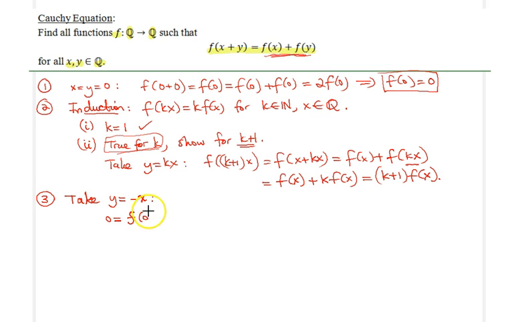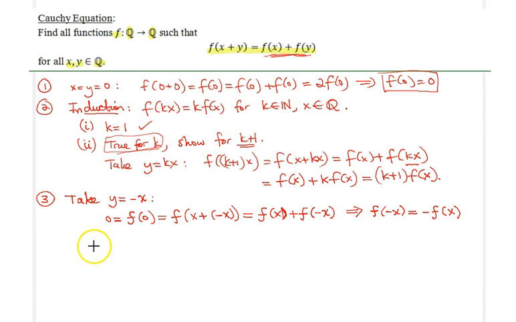We found it in our first step, and I can rewrite 0 as x plus minus x, and then I will apply the definition of the function f to rewrite it as f of x plus f of minus x. So that will clearly imply that f of minus x is simply equal to minus f of x.